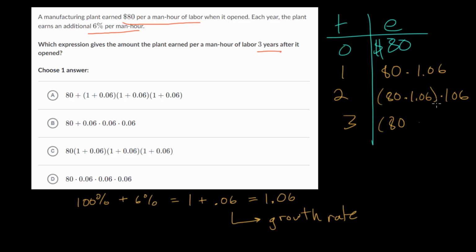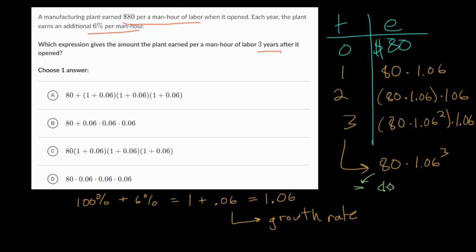We'll take the previous amount, the 80 multiplied by 1.06 times 1.06 again, which we could just write as 1.06 squared, and multiply that by 1.06 to account for the fact that it's growing every year by that 6%. So in the third year, which is where we want to stop, our expression is just 80 multiplied by 1.06 3 times. So we can write that as 1.06 to the third power. And remember, this 1.06, we could write it as 1 plus 0.06.